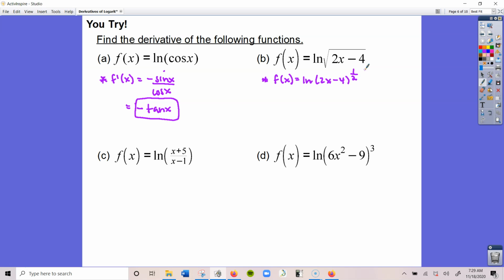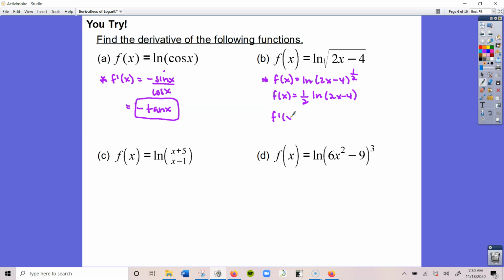However, you're going to see that when we're finding derivatives of ln, it is much easier if we can apply any of those expansion rules that we covered and then find the derivative. So this 1/2, I can apply the power rule and move it to the front. So f of x is equal to 1/2 of ln of 2x minus 4. And now it's going to be easier to find the derivative.